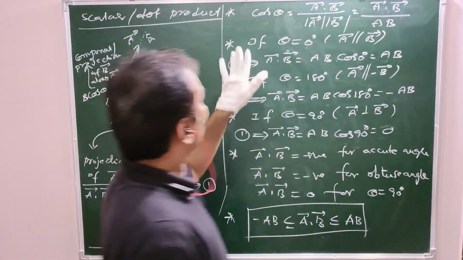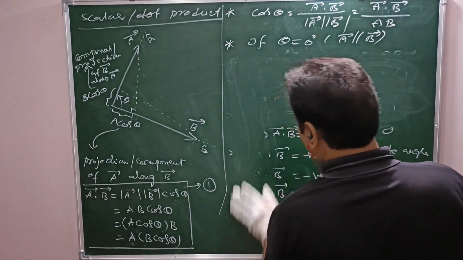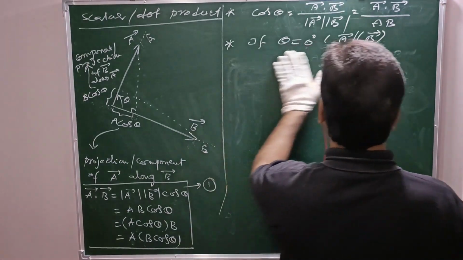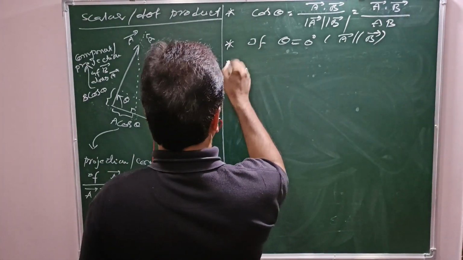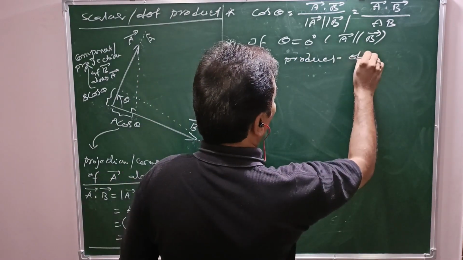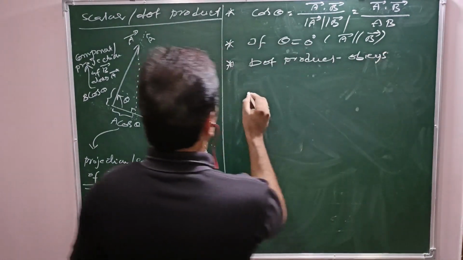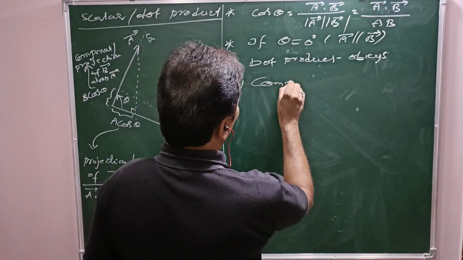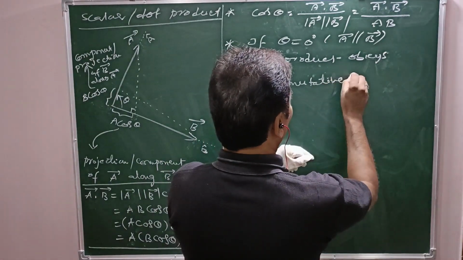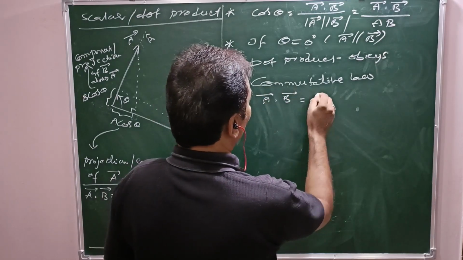The dot product obeys, number one, the commutative law. That is, a bar dot b bar can be written as b bar dot a bar.